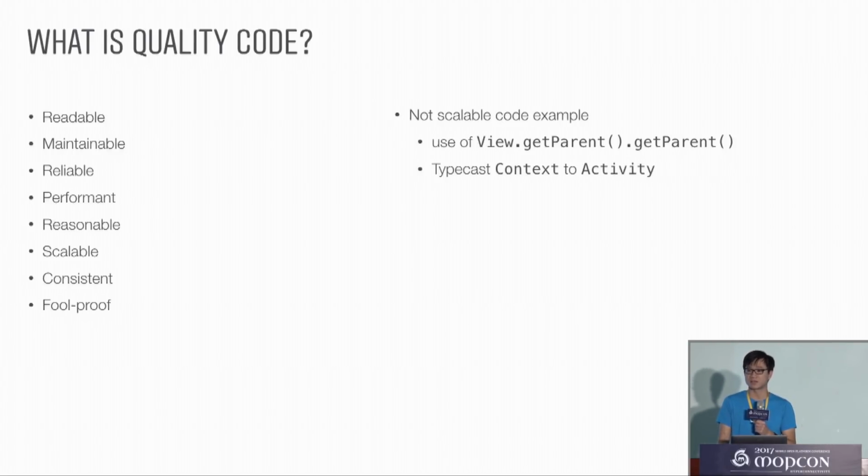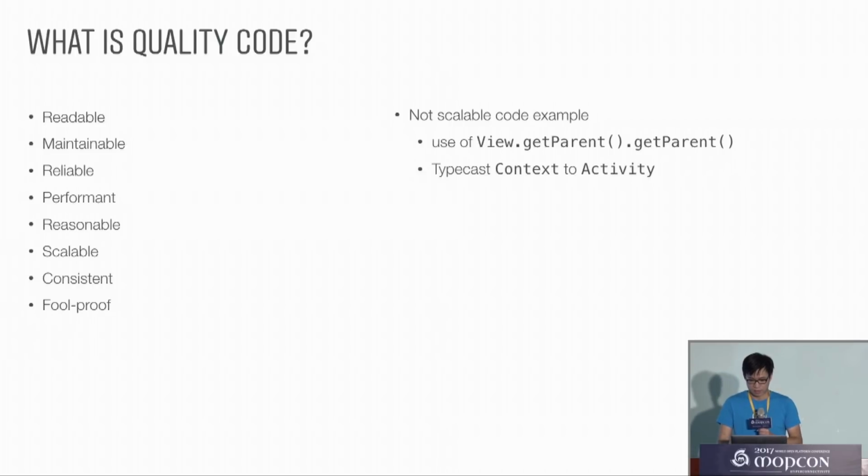Or if you typecast context to activity, that's also not scalable code, because the context could be application or services. So you want to prevent writing non-scalable code. You want to leave some room for your code for future improvement. And quality code is also consistent and fool-proof.